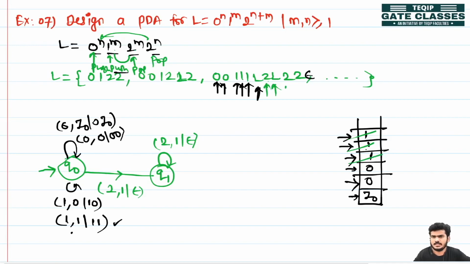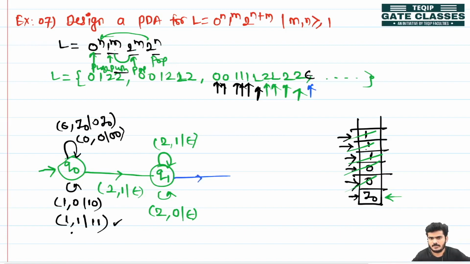Now see this, again 2 occurred and top of the stack is now 0, but for this 0 also I have to do the popping. So I have to write an operation like this: 2 is input, and whenever I get 0, then also I do the popping. So for this 2 I have popped this 0, and for this 2 I have popped this 0. Now my top pointer becomes Z naught and the input symbol is epsilon.